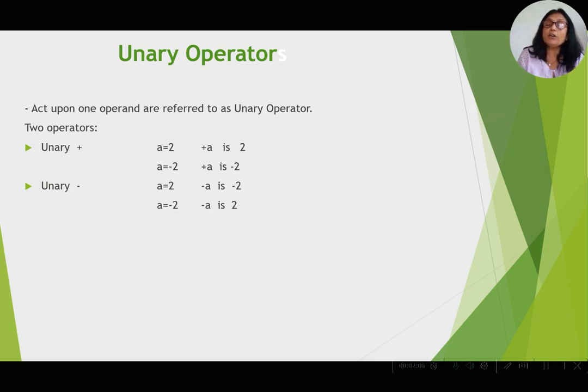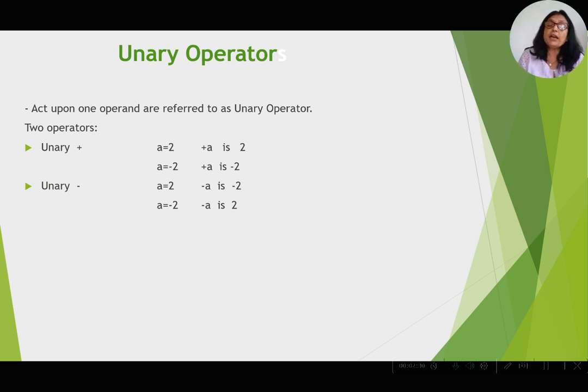So if you write plus a, plus is the operator, a is the operand. So what is your a value? 2. So that means it is plus 2 or 2. If you write plus a and the a value is minus 2, in this case the operand is a but the value is minus 2. Whenever you write plus a, that will become minus 2.